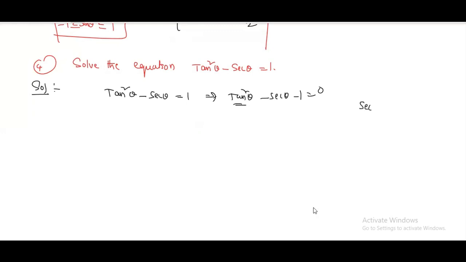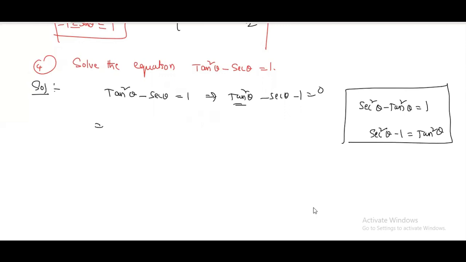The formula we know is secant square theta minus tan square theta is equal to 1. So from here, tan square theta is secant square theta minus 1. Let's substitute this, so it completely changes into secant terms. So you can write here secant square theta minus 1, and already we have minus secant theta minus 1 is equal to 0. So this we can write secant square theta minus secant theta minus 2 is equal to 0.